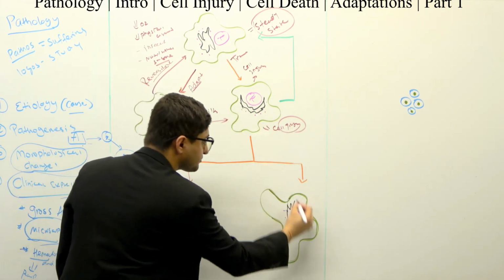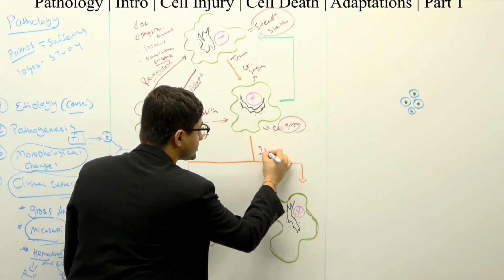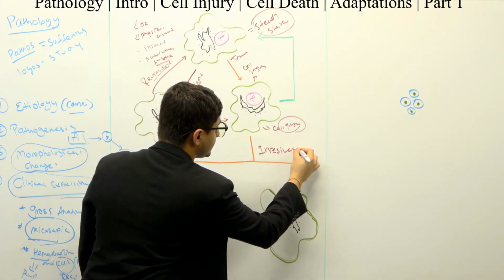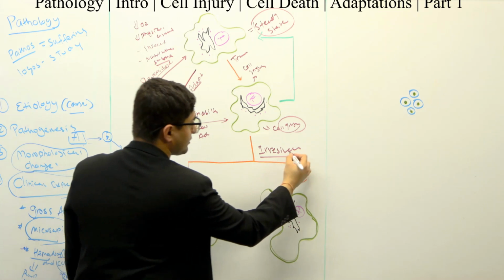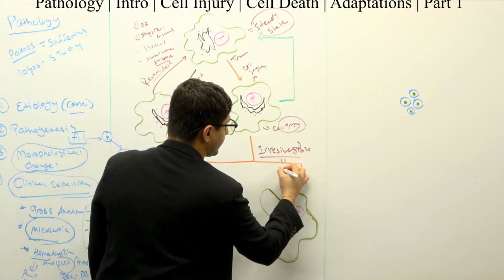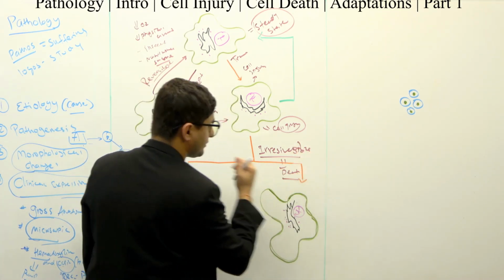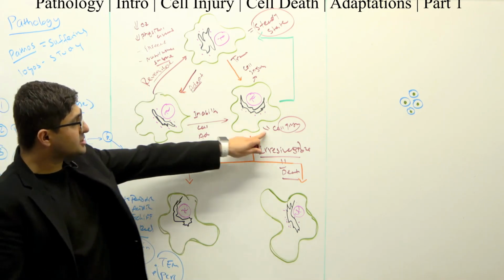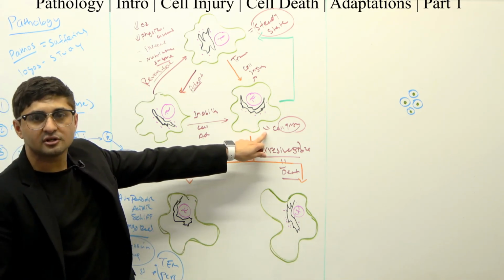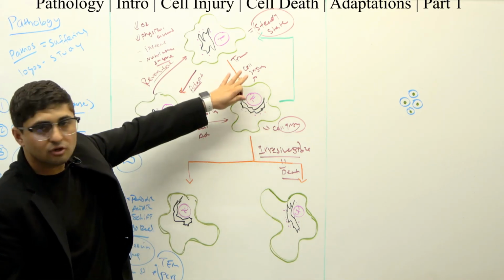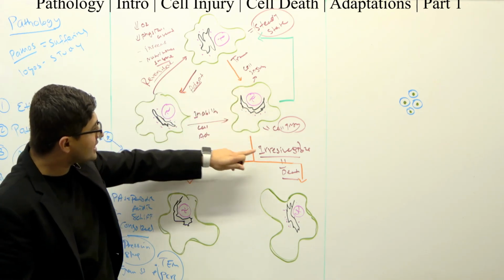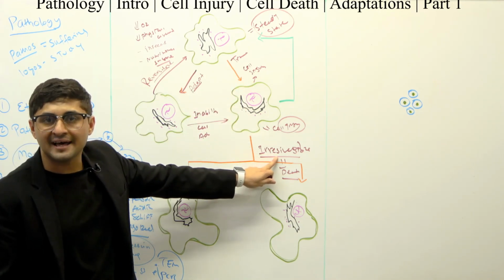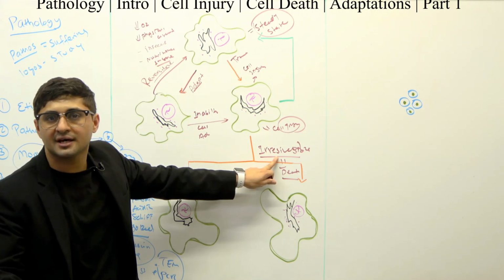Either the cell goes through this process, which is called irreversible. Whenever you think of irreversible, think about death. If the severity and duration are longer, and the cells cannot go back to the normal state, then the cell goes irreversible, to the path of death.